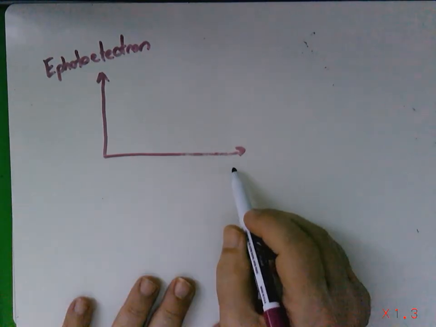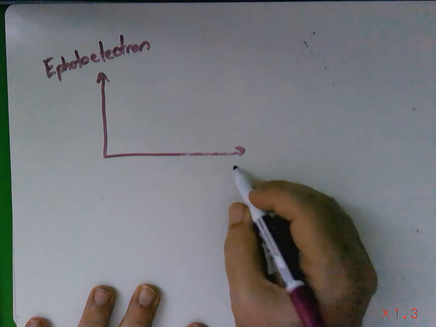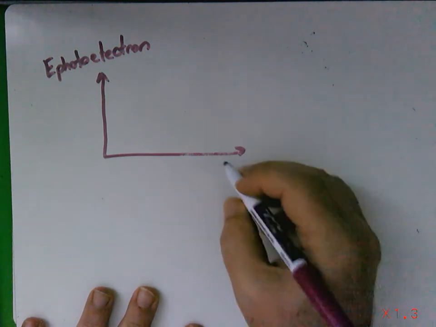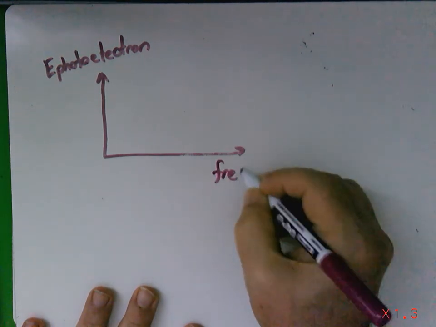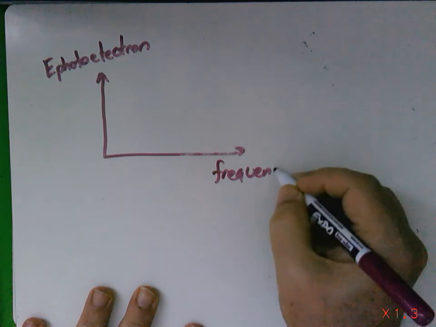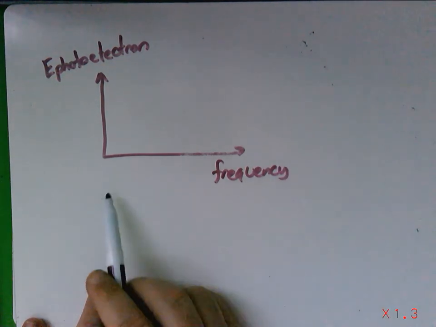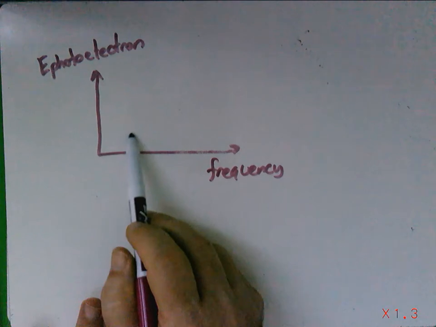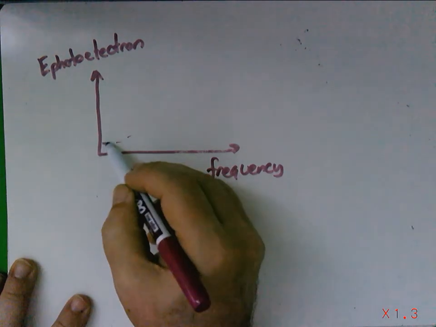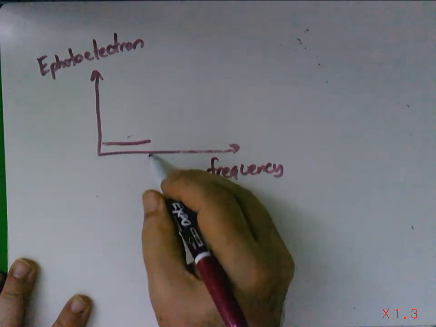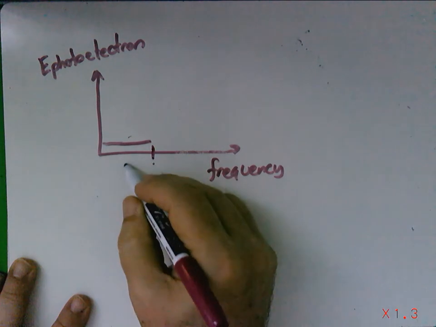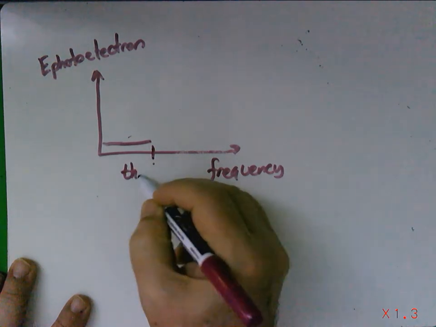Now, he said down here, instead of putting your amplitude, put your frequency. And he said, here's what's going to happen. Try this. Right up until you get to the threshold frequency, which has the threshold energy.